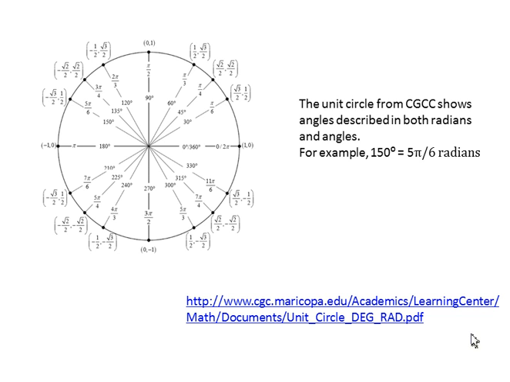Now I sent you to this website on Chandler Gilbert Community College, and it's called the unit circle. So if we look at this angle right here that's 150 degrees, it's also 5/6 pi. That would be talking about the arc length right here. Remember, it's a unit circle.